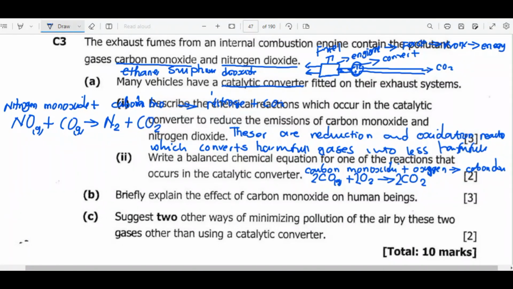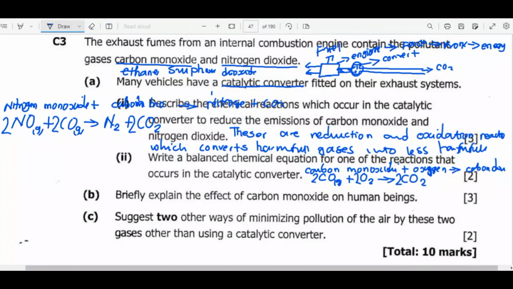Then to balance, we can just put a 2 here. Then if we put a 2 here, we also put a 2 here. Then we put a 2 here. So our equation is now balanced. So these are equations that we can look at.